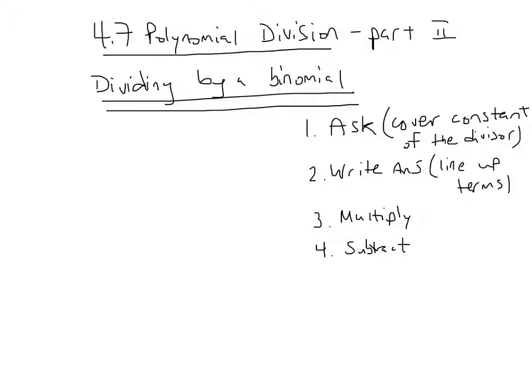And I want to make sure that you use parentheses, a subtraction sign, and a bar, a subtraction bar. And step 5 is we're going to bring down everything that's left over. And finally, step 6, repeat as necessary.